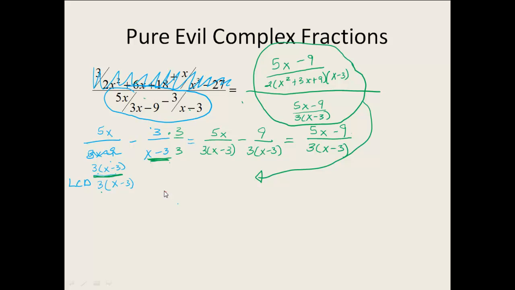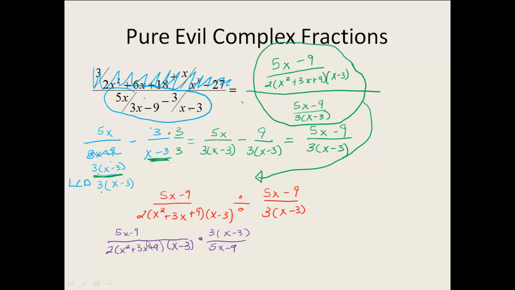So we are really going to have 5x minus 9 over 2 times the x squared plus 3x plus 9 times x minus 3. And I'm going to write it sideways, so I have the division. And then I have that 5x minus 9 over 3 times x minus 3. I'm going to change that into a multiplication problem by multiplying by the reciprocal.